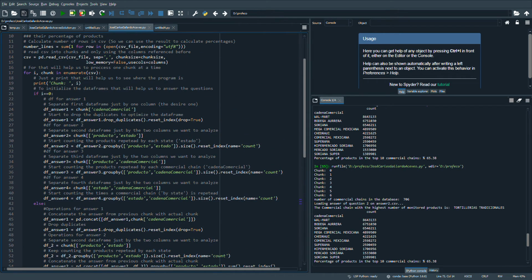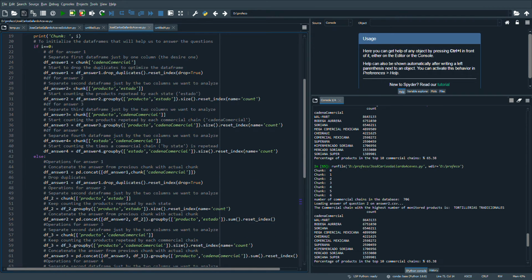Then for the second question, what are the top 10 monitored products by state? Here I now needed two columns, product and state. And then I needed to create a count for every repeated value of product and state in the same row.